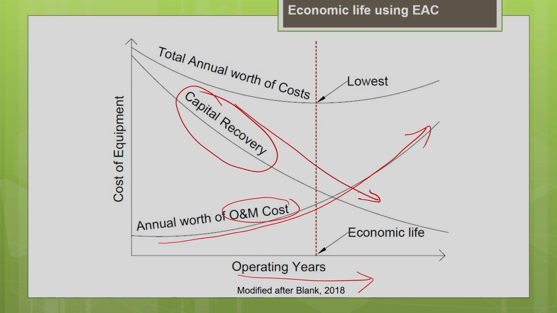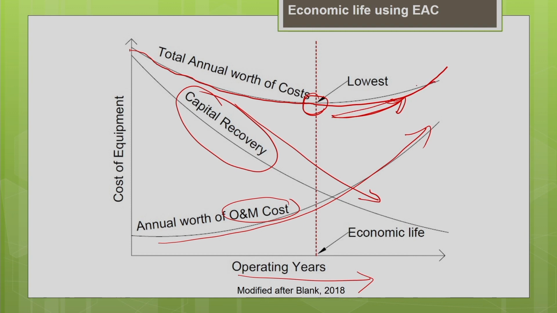As I told you, the ownership cost is distributed over a larger period, so its cost reduces with time. When you add both, you can see what happens to the total cost. Total cost reduces, reaches a minimum, and then again starts increasing. Why does it start increasing again? Because as the machine becomes older, there will be a significant increase in the repair cost, the maintenance cost and the operating cost.